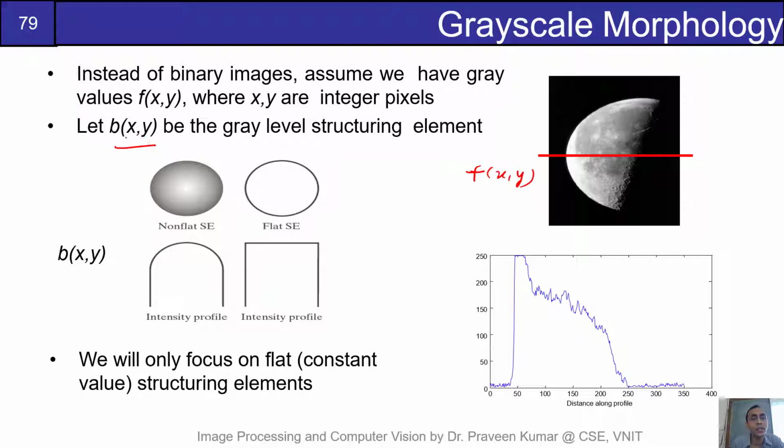Let us say we denote it by b. This also can have grayscale values. Till now we were considering it only as binary, 0 or 1. It would be like a flat structuring element, but now for grayscale morphology, even our structuring element can take grayscale values and can be of any shape and size.